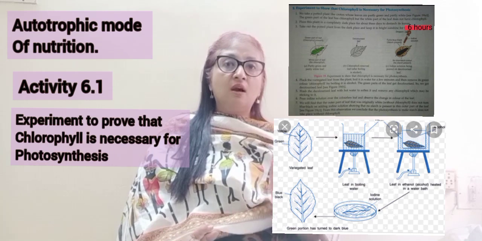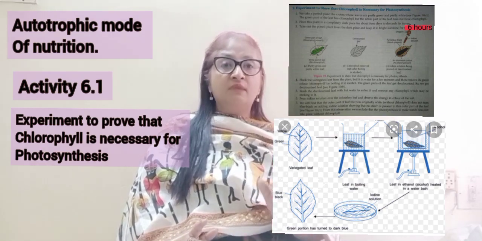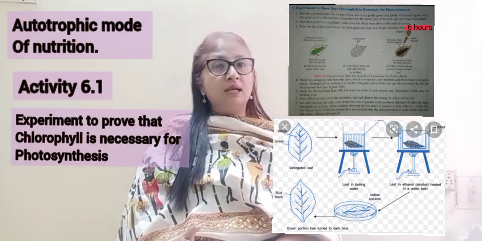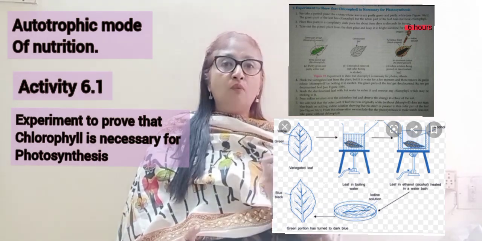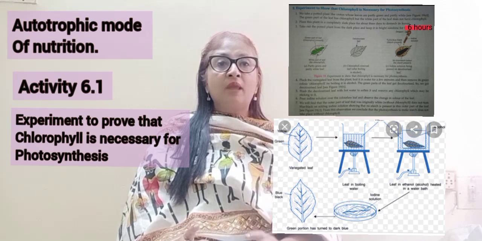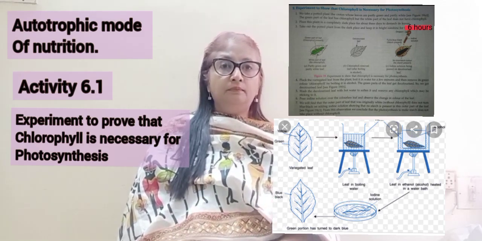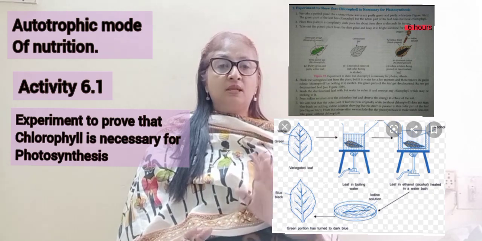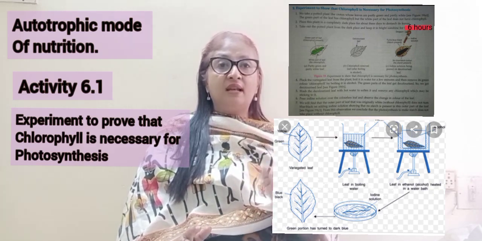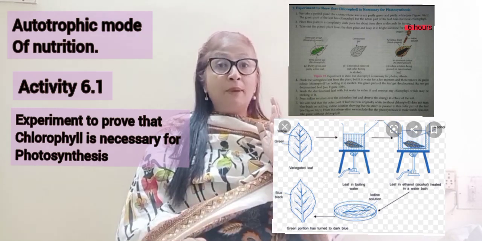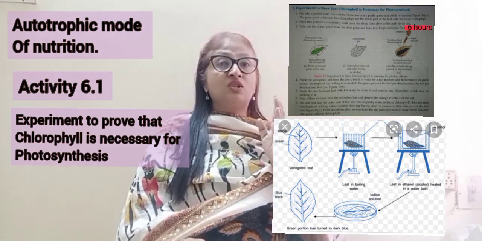Then we can pluck one leaf from this plant, take a tracing paper and trace out the various patterns there, and mark the green parts clearly and keep it so that we can compare at the end. Next is the performance of the starch test.